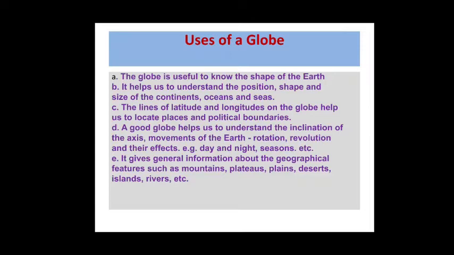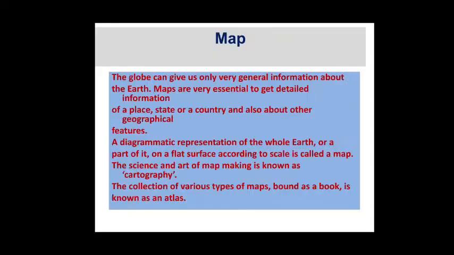Another use: a globe helps us to understand the inclination of the axis, the movements of the earth, rotation, revolution and their effects, day and night, how seasons change, all this information we can understand. Already you know that the earth rotates on its own axis, taking 24 hours, which is one day.